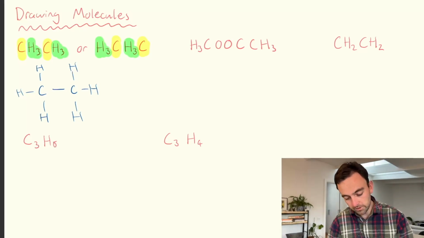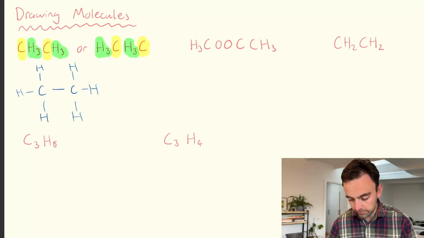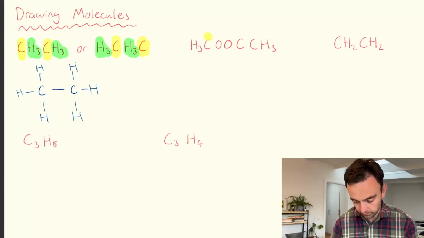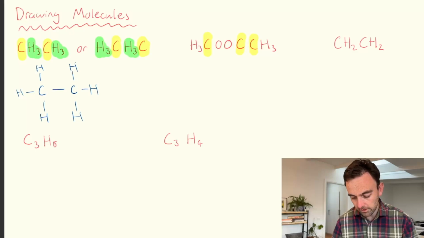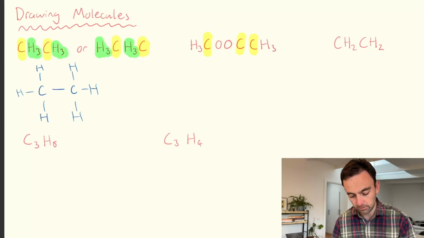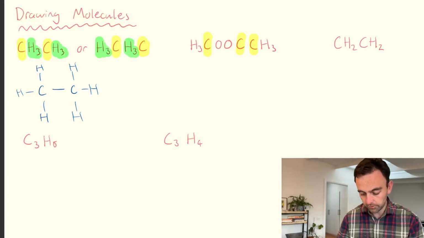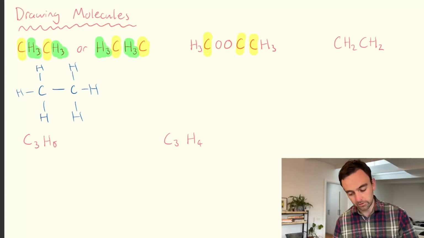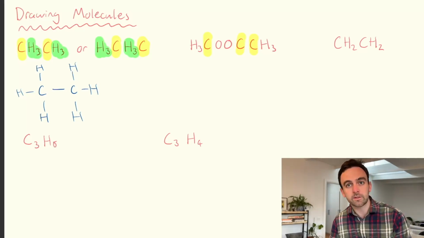Okay, so if we move on to the next example, it looks a little bit scarier, but it's still the same kind of premise. We want to look at these carbons and determine what's bound to what, and which carbons, if any, are bound to each other. If something looks a little bit scary, start with the simple first.